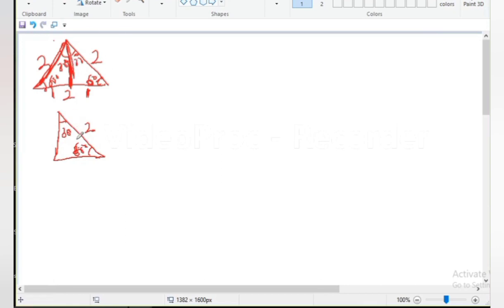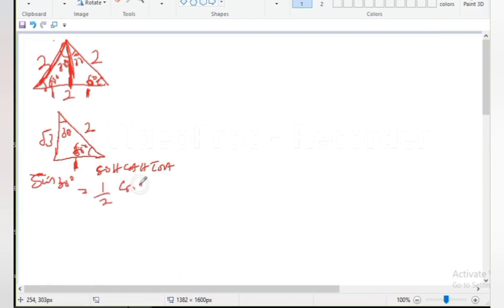Using Pythagoras theorem, if the side is 1, then this one is going to be root 3. Now applying SOHCAHTOA, sine 30 degrees is opposite over hypotenuse, which is 1 over 2.